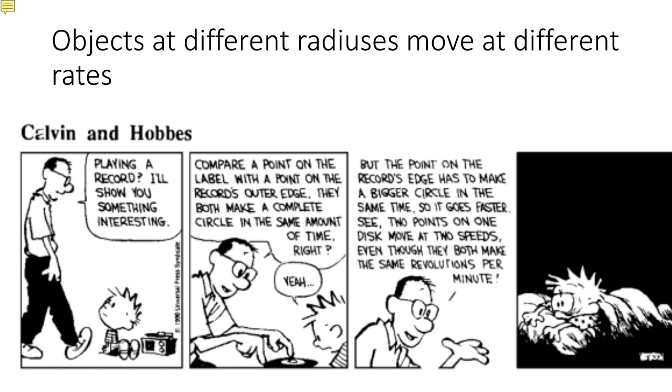This is a Calvin and Hobbes comic about the same topic. It's really interesting because of the implications for the music on a record. On a record, a needle reads the grooves in the record, and the grooves here at the beginning are moving a lot slower, and therefore can hold a lot more information than the grooves at the outside.